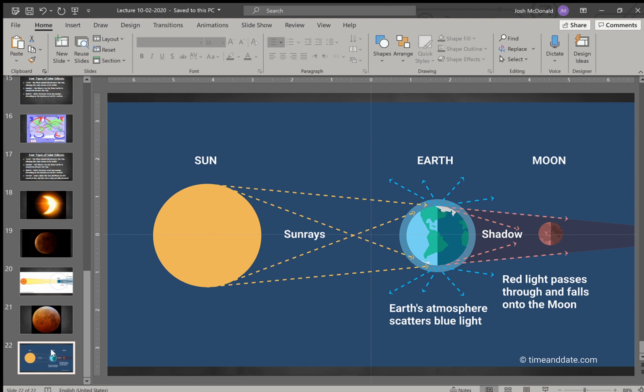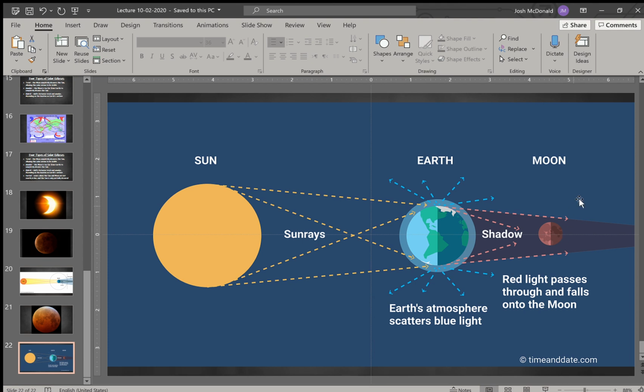So our atmosphere scatters blue light, which is why whenever you look up at the sky, you see a blue color, because that is the shortest wavelength and that's what's refracted. So when we look out at the sky during the day, we're seeing the sun's light refracted, scattered into blue light.